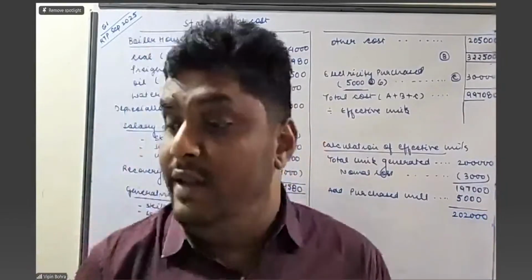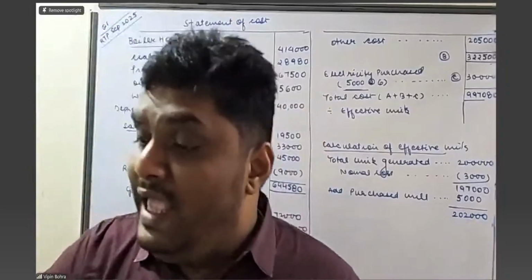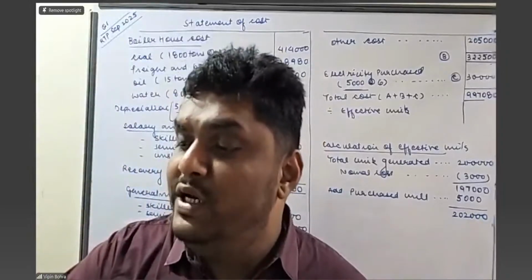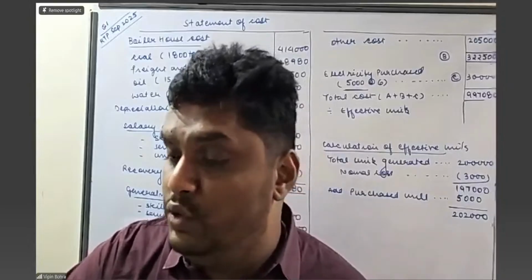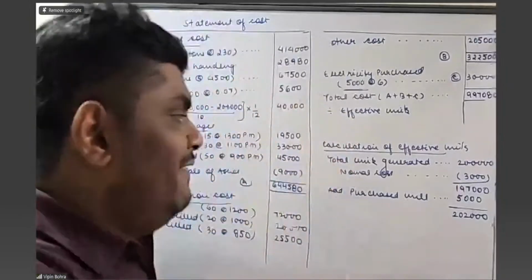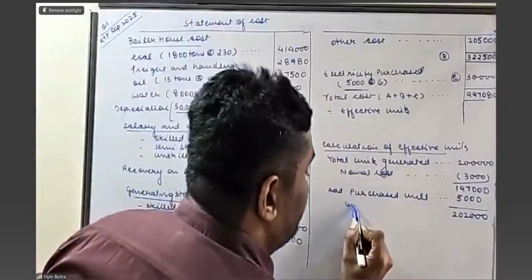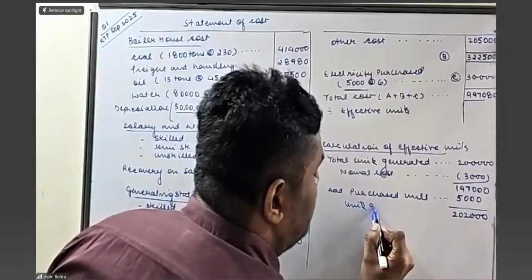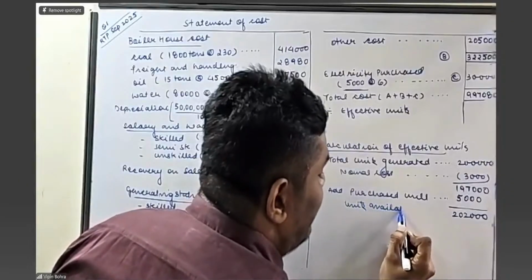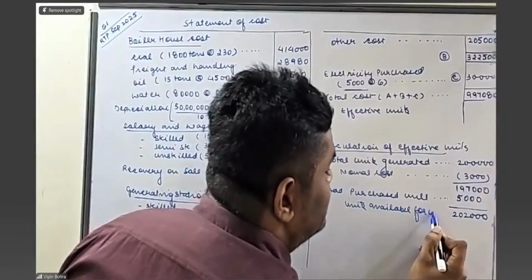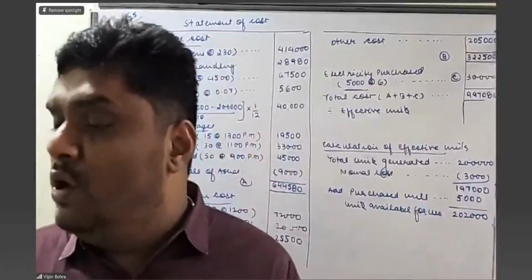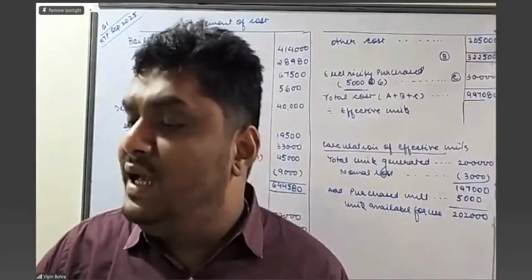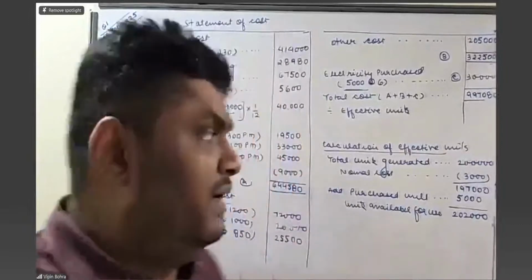Further, one more point, the last line of the question, emergency purchase units should be added to the effective units available for use. Total 202,000 units are available for use.